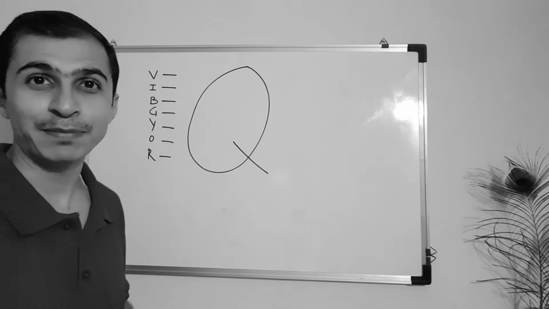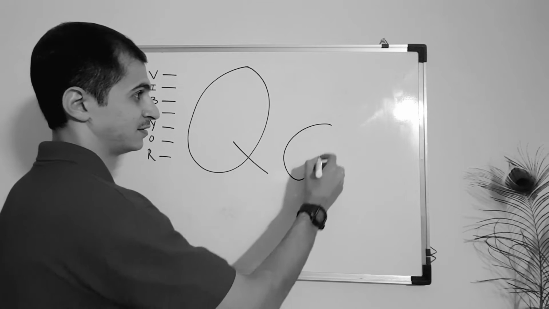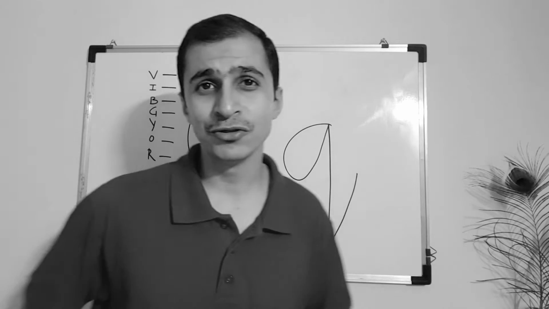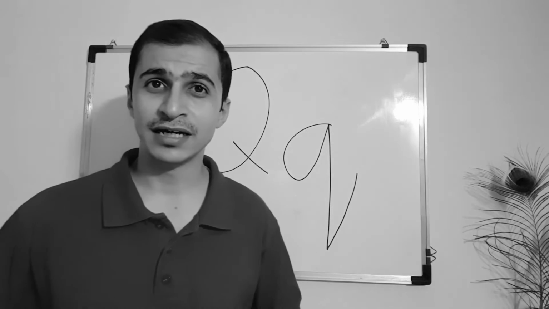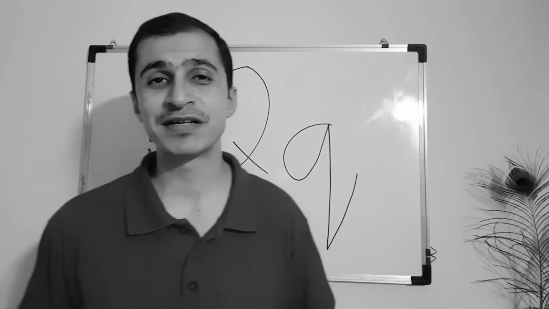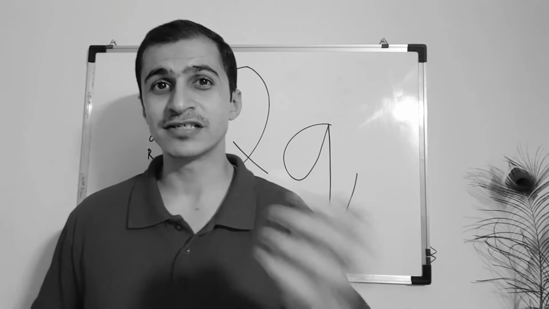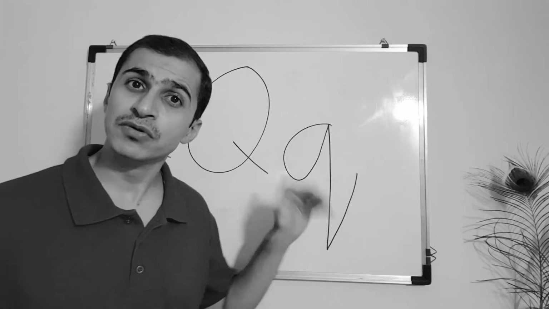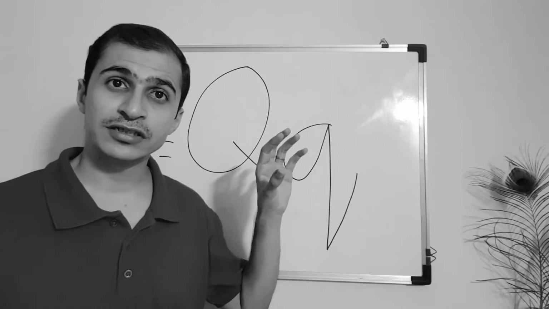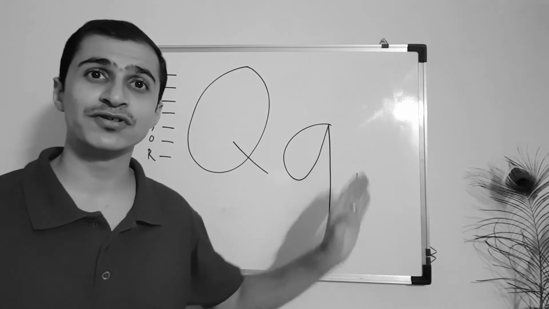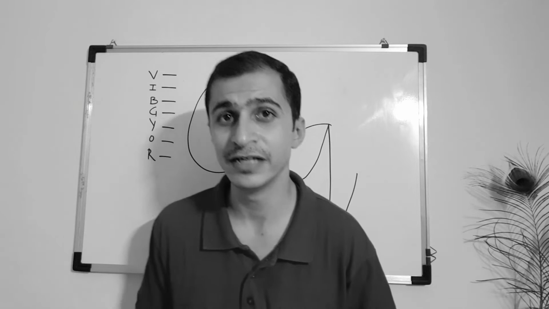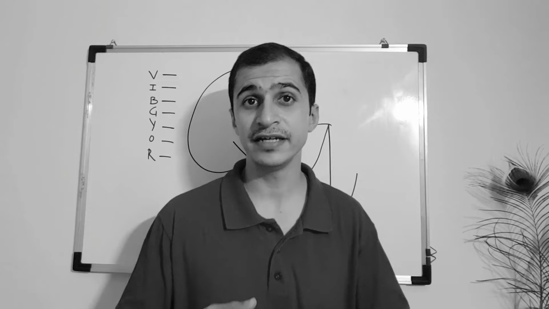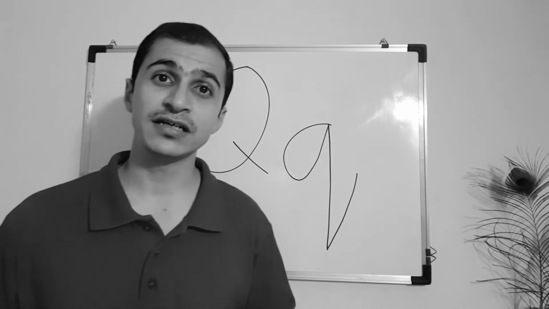Simple letter capital Q. I'm not going to go too deep into the small letter q. I will leave a link in the description over here and you can go to watch that video. But just to give you a gist of it, small letter q is the only letter in the small case which has a sharp lower zone, which shows that the person needs to manage physical and financial difficulty with quickness and speed.